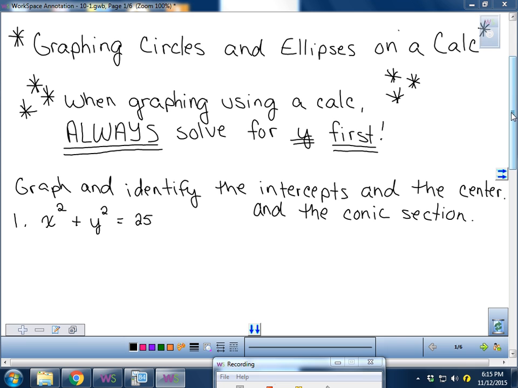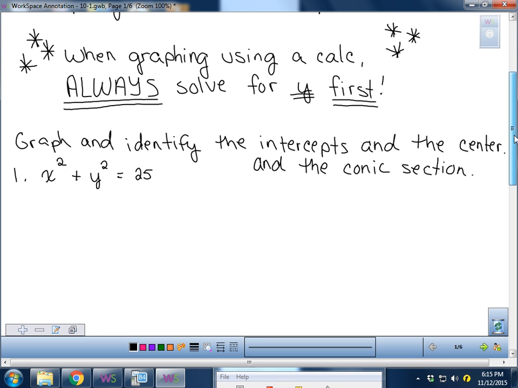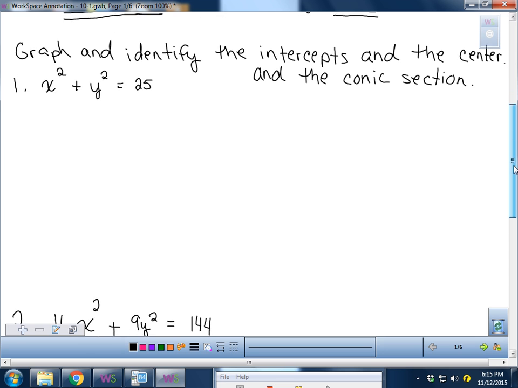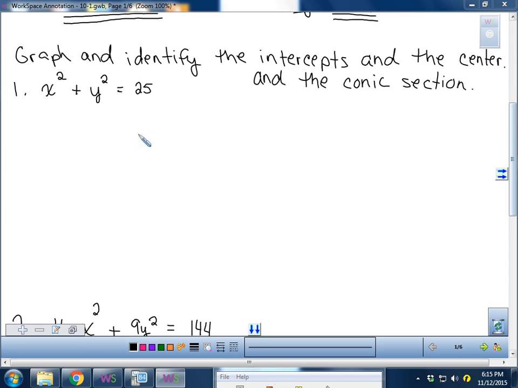The directions state that we are going to graph and identify the intercepts, the center, and what kind of conic section you have. Since we're going to graph these on a calculator, we have to solve for y first. So I first have to subtract the x squared from both sides.